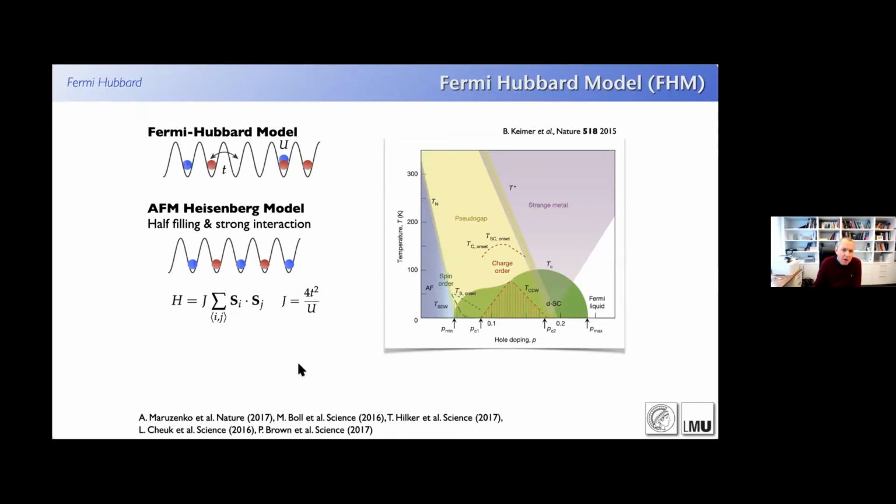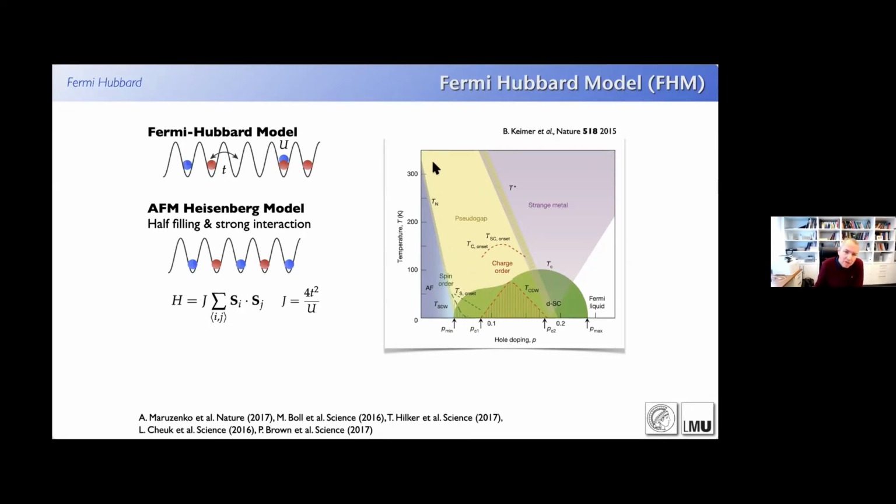Okay, so now let's connect this to something interesting. What I'm showing you here is a phase diagram of the cuprate high-Tc superconductors. These are actually layered systems, so they are 2D systems, and you can have electrons, and you can have holes, for example, doped in the system. For zero doping, you are basically exactly in this regime of having one electron per site, 50% spin up, 50% spin down.